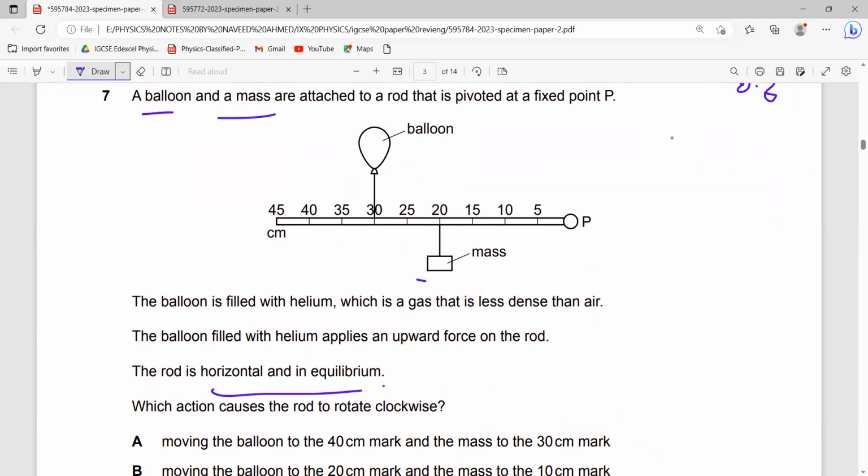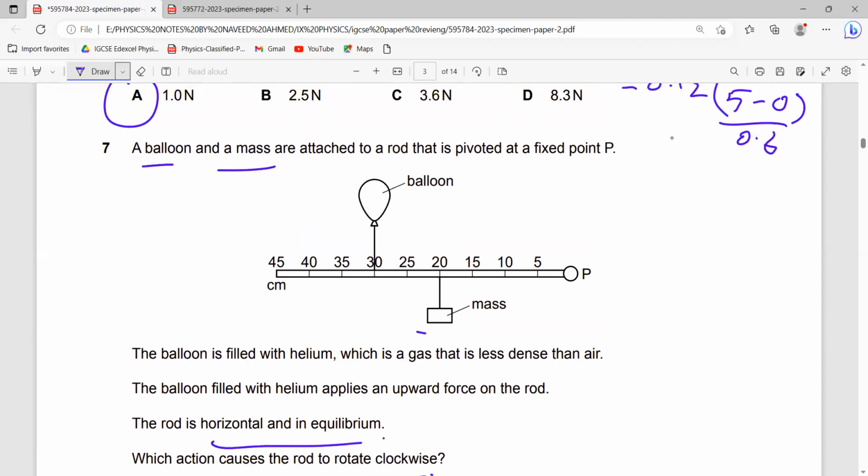The rod is horizontal and in equilibrium. It means the clockwise moment should be equal to the counterclockwise or anti-clockwise moment. Which action causes the rod to rotate clockwise? Clockwise means the rod should move in this direction. This means the moment produced by the balloon should be greater.